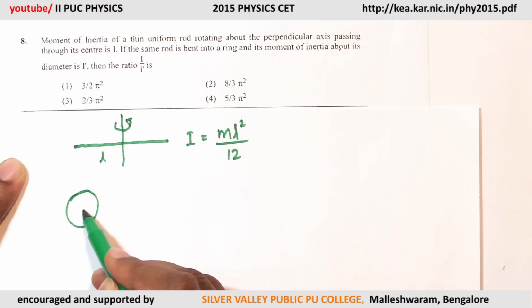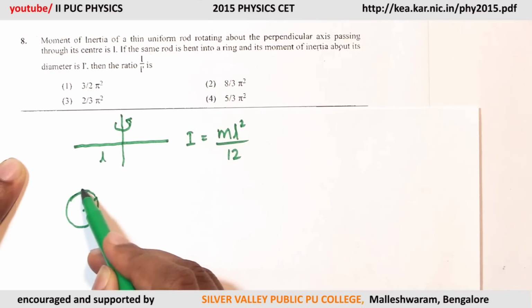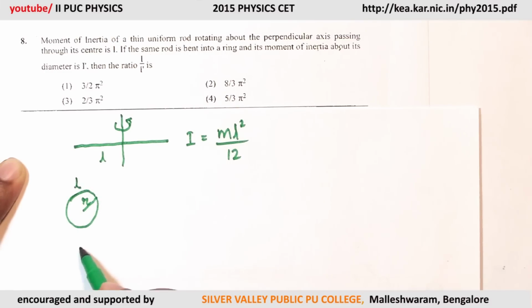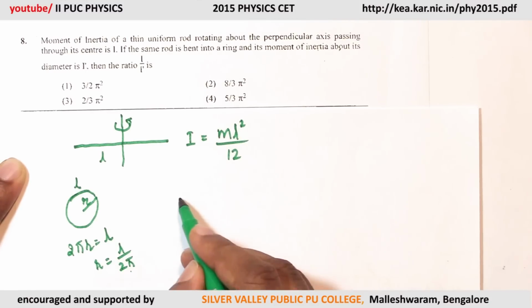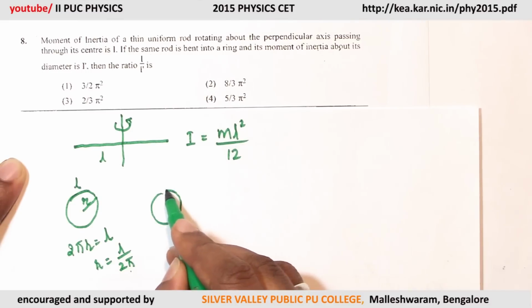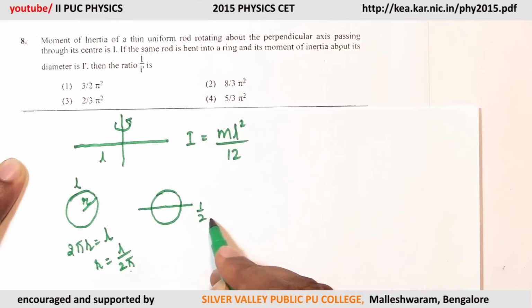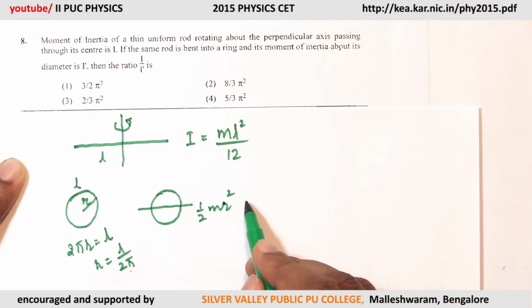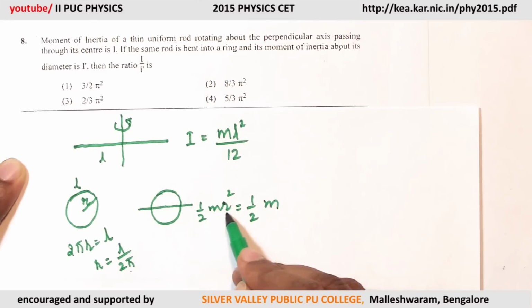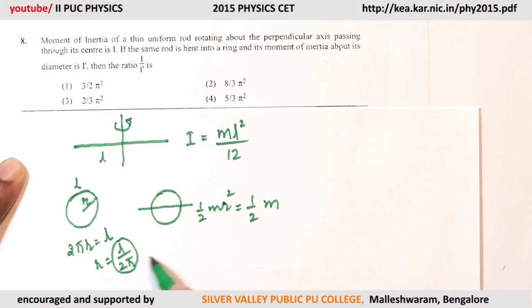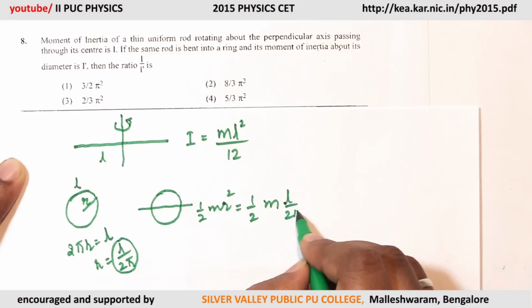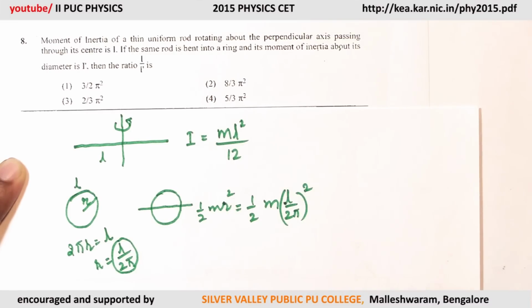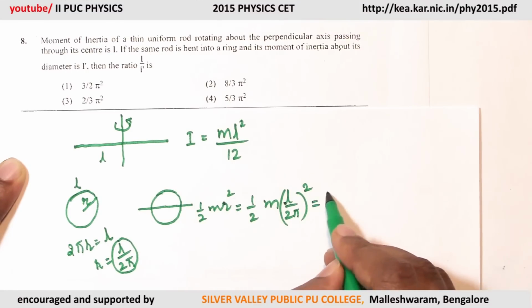If it is bent into a ring of radius r, then total circumference is L. So we can write 2 pi r equal to L. Therefore radius is equal to L by 2 pi. And if this is the ring, moment of inertia about its diameter is half m r square, which is half m into L by 2 pi whole square. This is nothing but I dash.